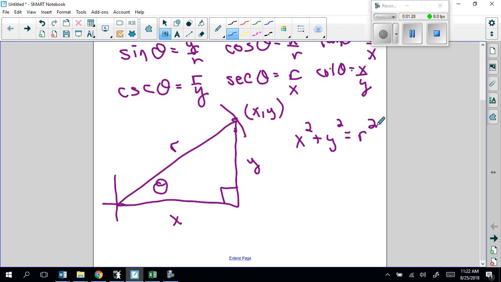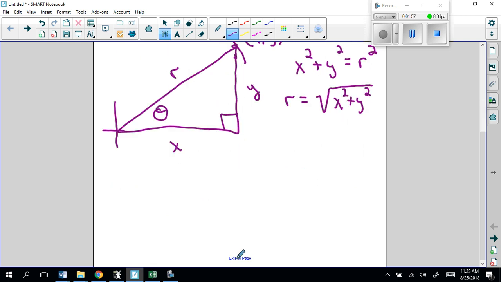Because we wanted to study oscillatory motion, we added a variable theta and a variable r. We created these two relationships, sine and cosine, and then everything just kind of developed from there. Oh yeah, by the way, the radius is the square root of x squared plus y squared, and there's no such thing as a negative radius, therefore the minus went away on the plus or minus using the square root method.